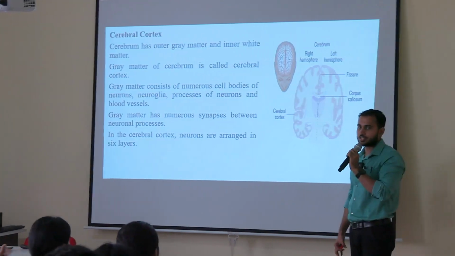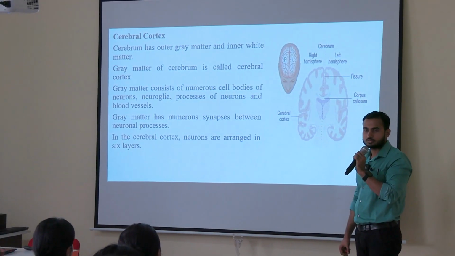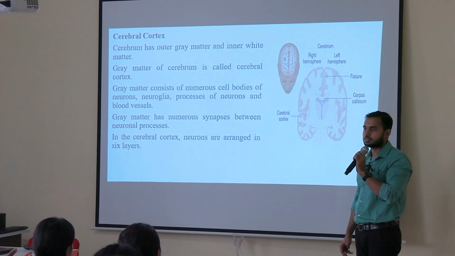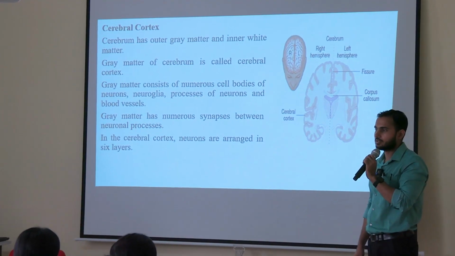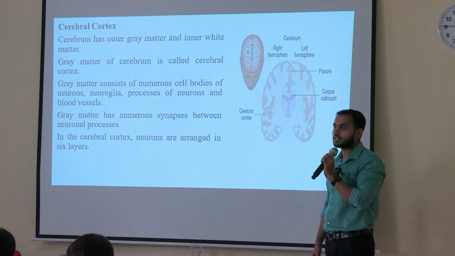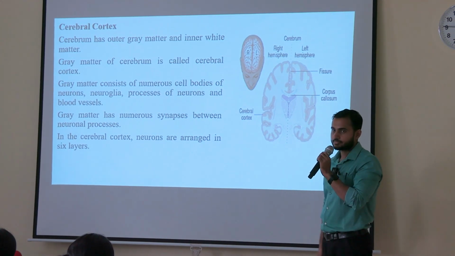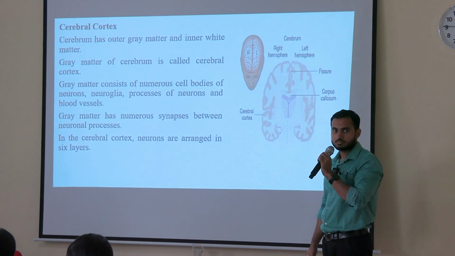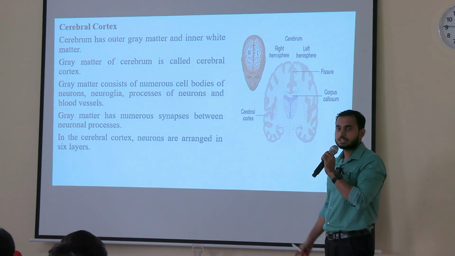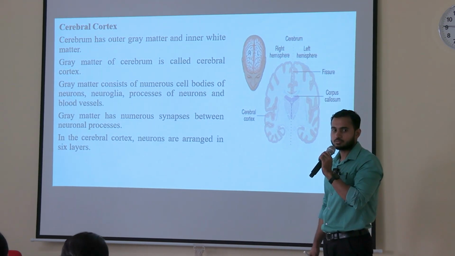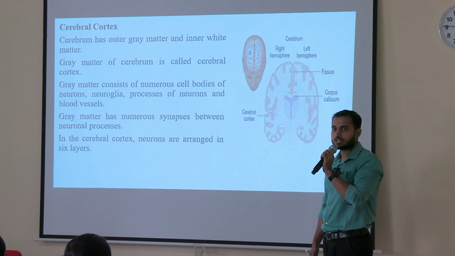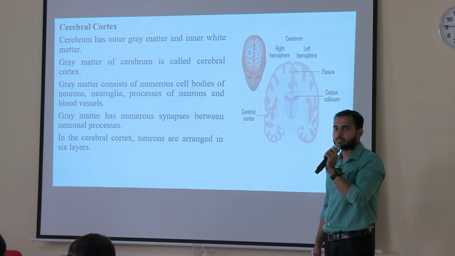What are the different sections of our body? Sagittal section, then transverse section and coronal section. So, which section is this? This is coronal section of brain.